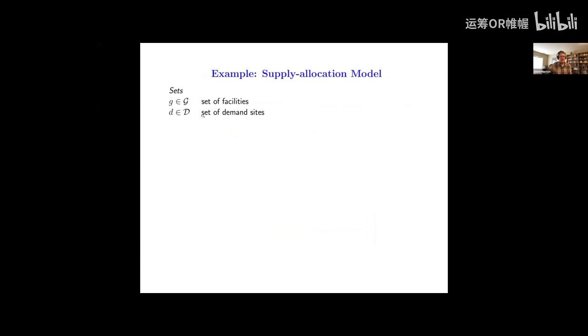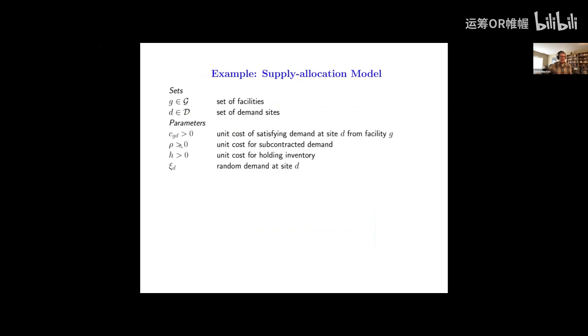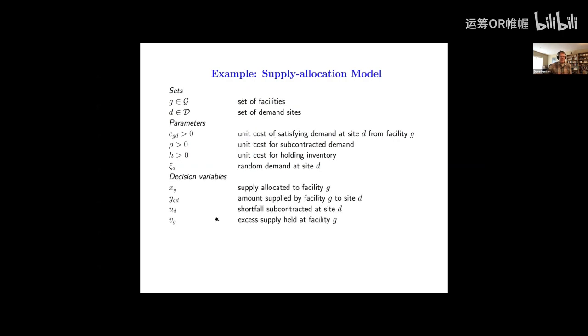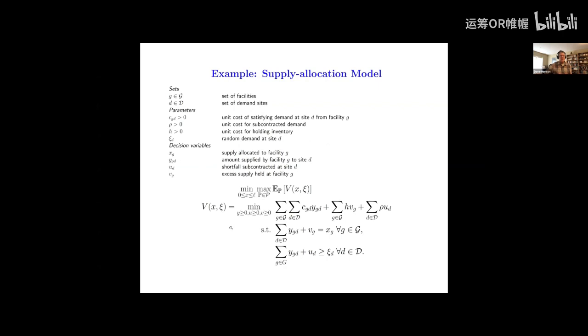We're going to have demand sites indexed by D. So we're going to build the system, and then in a second stage, we're going to ship widgets from the facilities to the demand sites to satisfy demand. If we don't have enough supply, we're going to have to pay a subcontracting cost. If we overcapacitated the system, then we're going to have to pay a holding cost. And so let me just show the model itself.